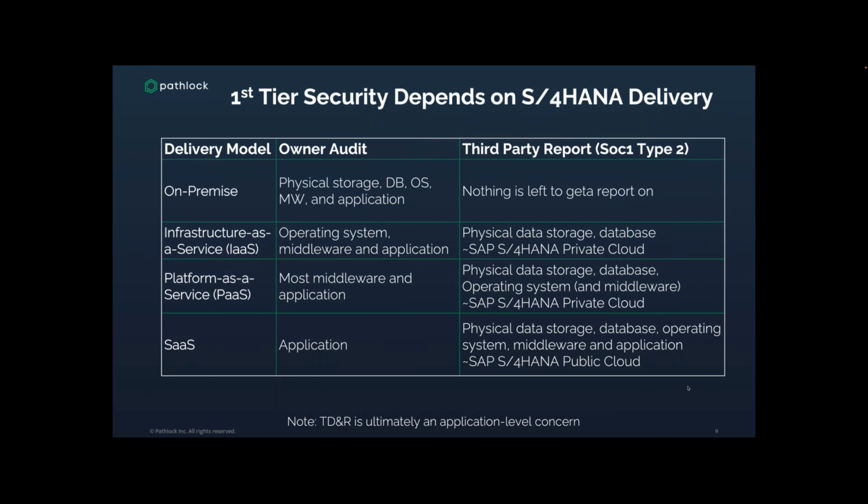So for example, as I mentioned, on the on-premise side, physical storage, database, operating system are all mine to audit. But as I get to the SaaS or S/4HANA cloud, public cloud, the physical storage, the database, the operating system, the middleware, and the application layer itself, some of that is going to be provided through the cloud provider, and only the application itself will be where I need to focus.